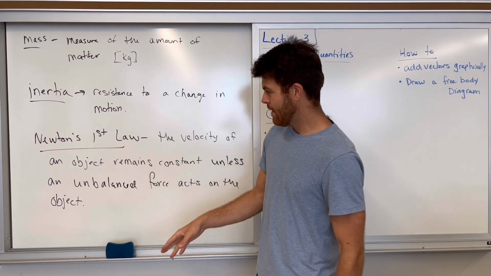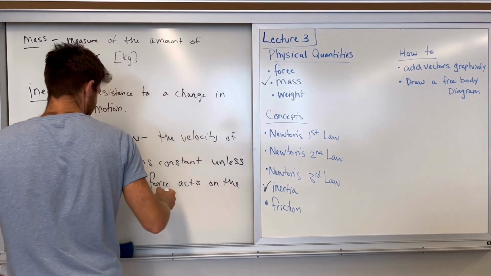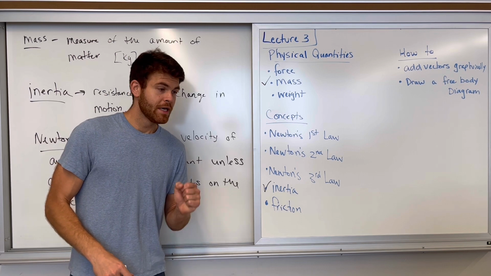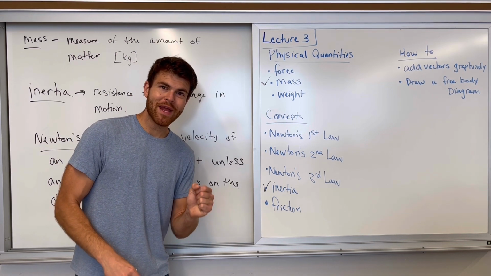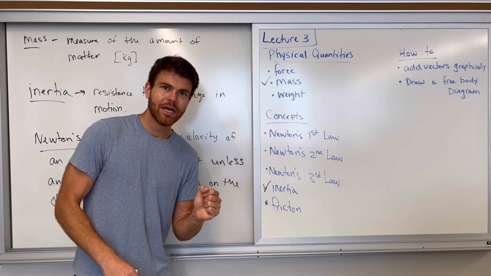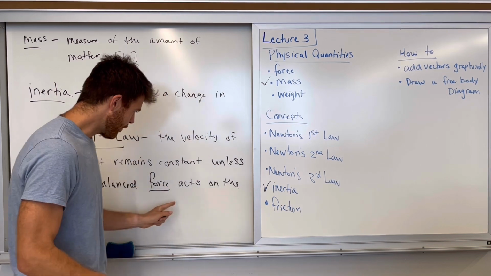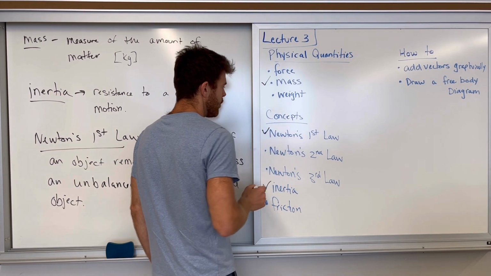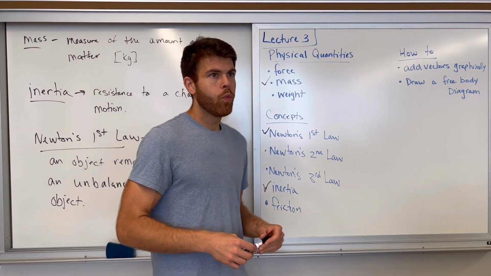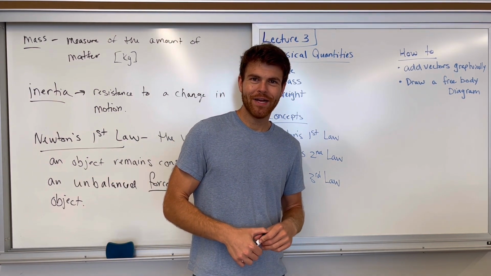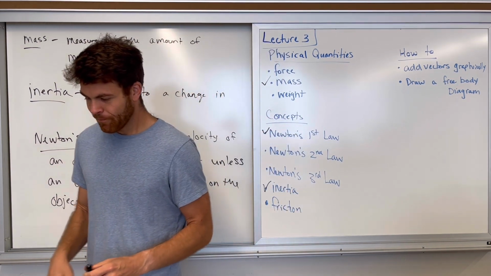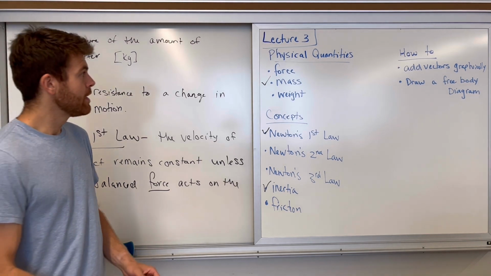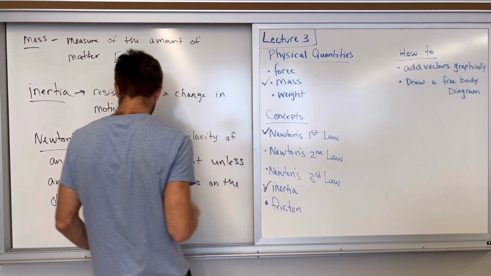Now, we've introduced this new term, force, in Newton's first law. An object's velocity remains unchanged unless an unbalanced force acts upon it. So what is a force? That leads us to our next physical quantity, which is a force.